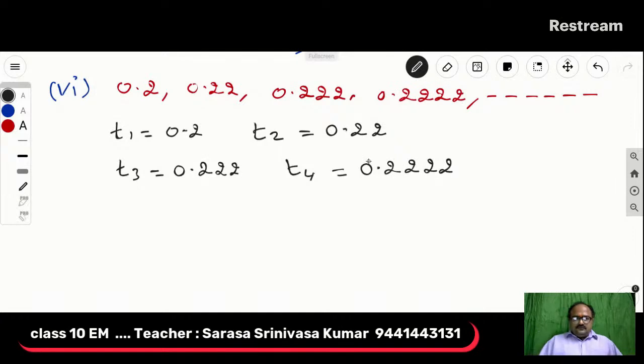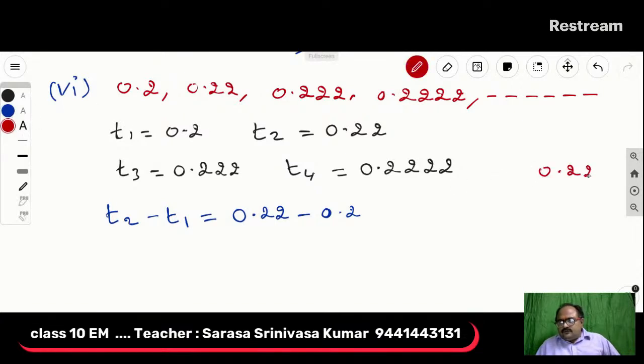Now we find T2 minus T1. This is equal to, what is T2? 0.22 minus, what is T1? 0.2. So we calculate here 0.22. 0.2 is written as 0.20.